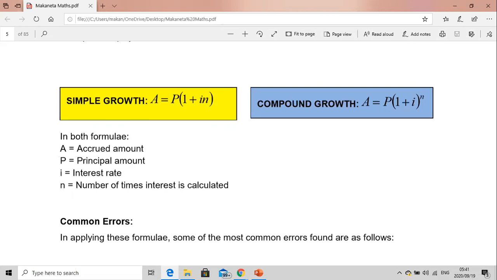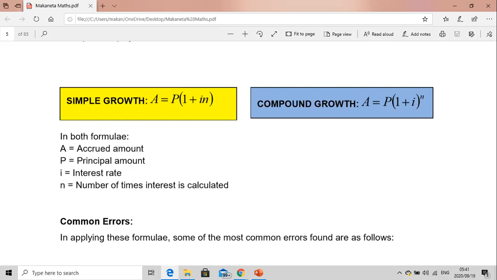So this will give you the number of times wherein interest will be charged. So in this case, if it is 2 years and done daily, it will come to 730 days. So that will be 365 multiplied by 2.